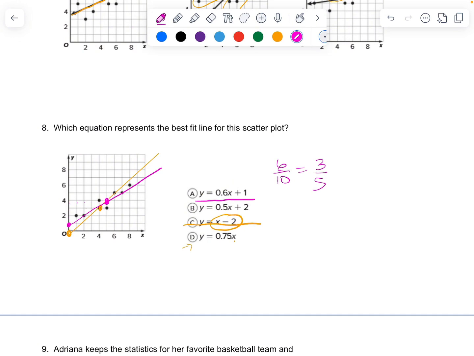And 2, and that would go 1 over 2, up 1 over 2. I'm going to say that personally, I like this one.